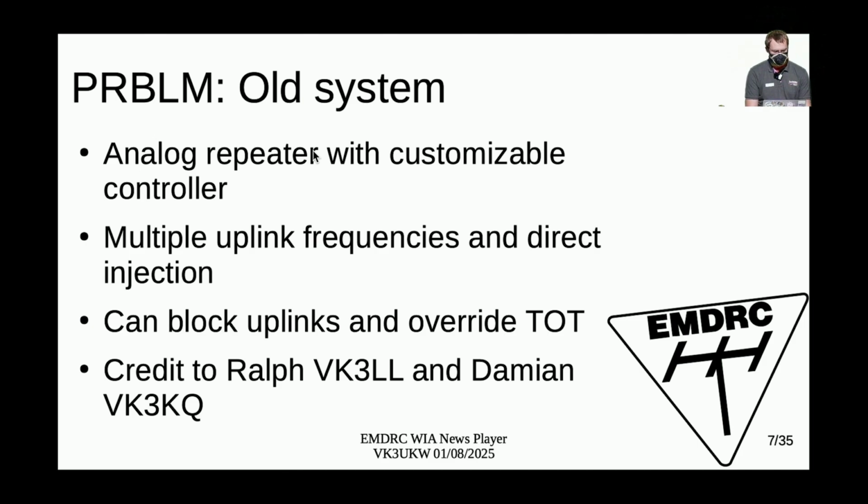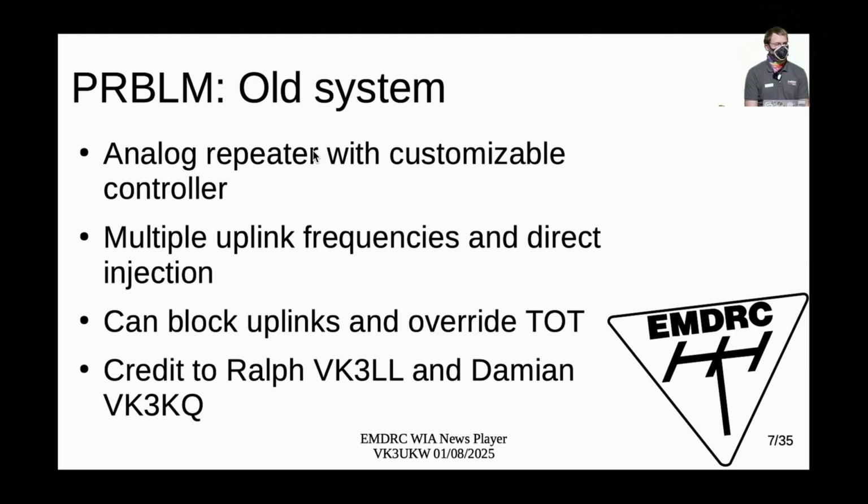The repeater also had a timer clock in it, and you could set settings based on a timer. So it had a setting where every Sunday at 10 a.m., when the broadcast starts, it blocked the regular uplink for regular users, and only the broadcast could go out.